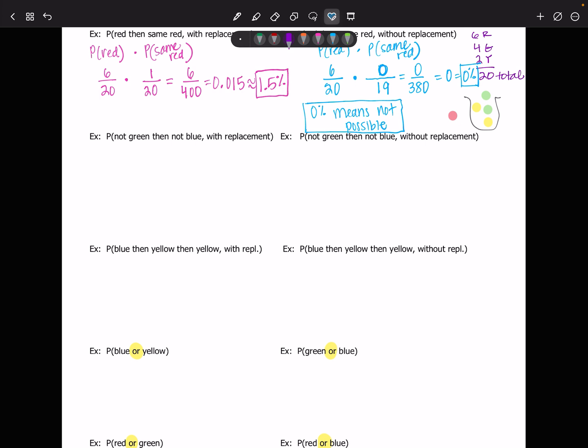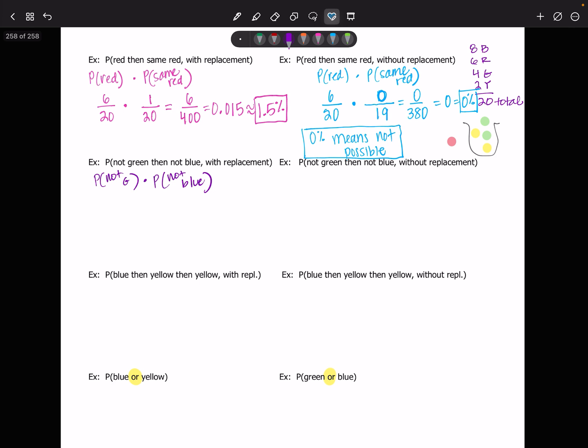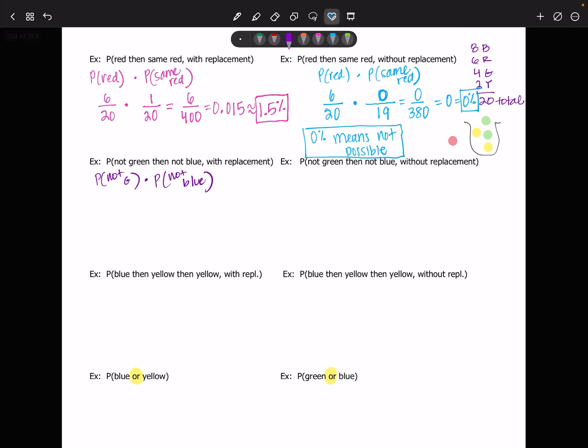Okay, welcome back. Probability of not green times the probability of not blue with replacement. Not green, let's see, we've got 4 green, so not green would be 16 out of 20.